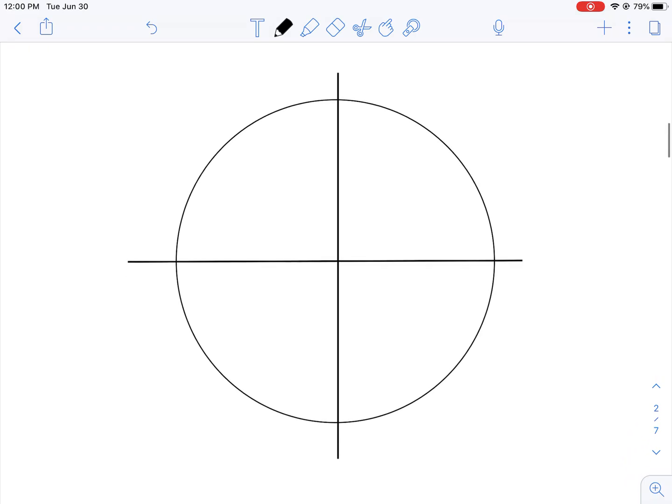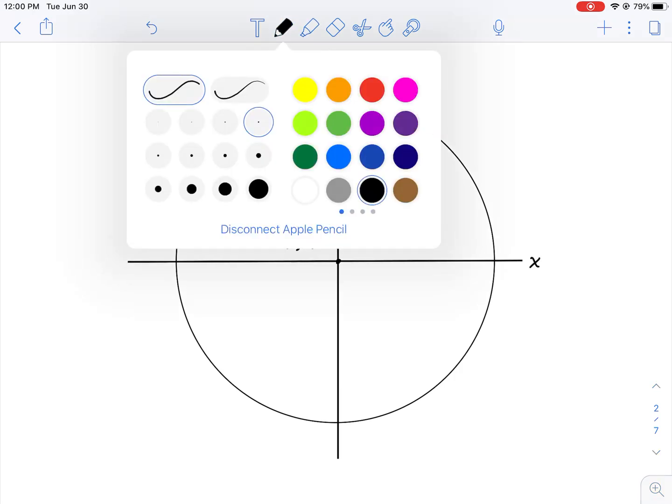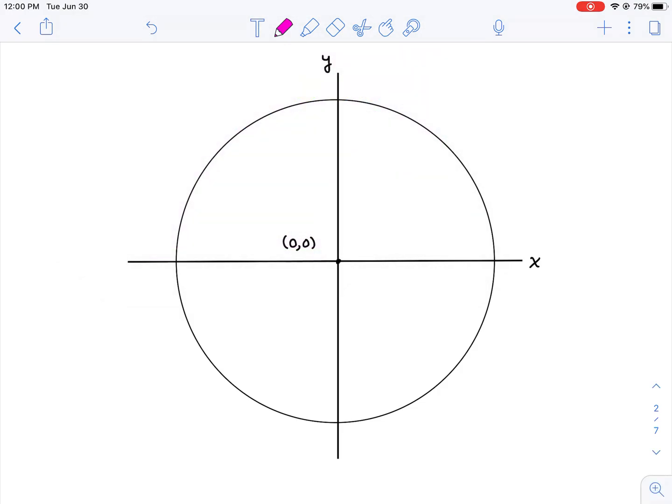What I've done is I've drawn a circle whose center is at the origin, and we are going to assume that the radius of this circle is equal to 1.